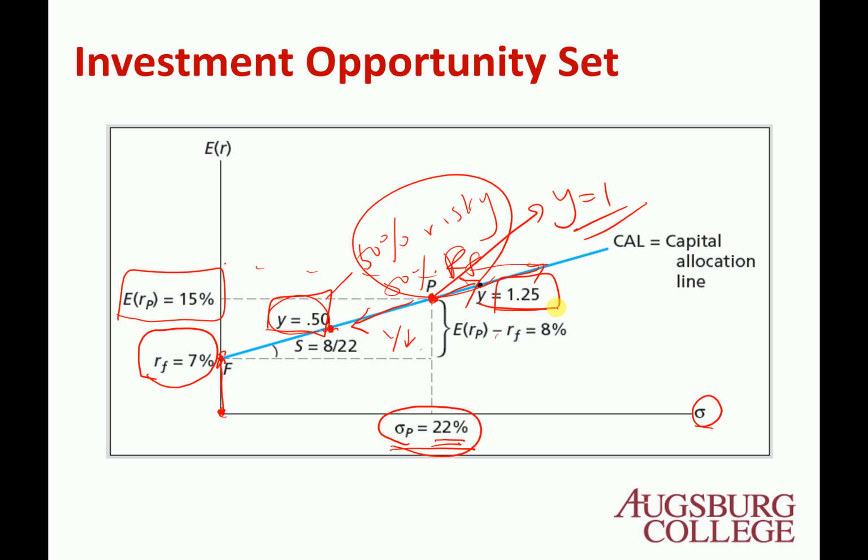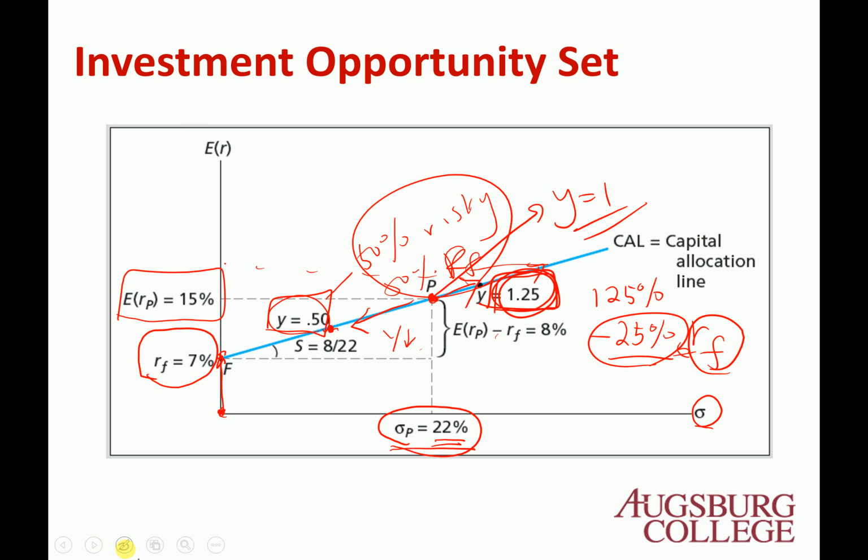This point is Y equals 1.25, which means the risky asset is 125%, so you short 25% in the risk-free asset. So you can actually have a negative proportion by shorting.